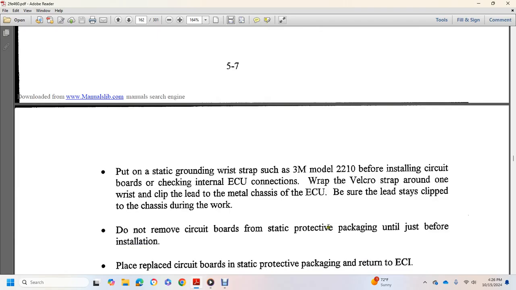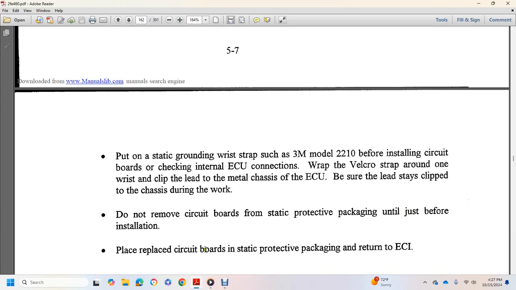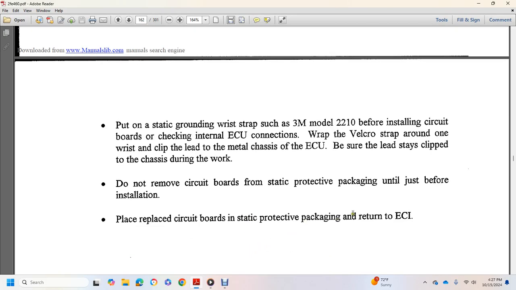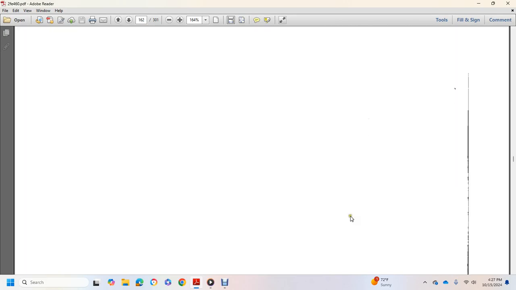Put on a static ground wrist strap, 3M Model 2210, before installing circuit boards or checking internal engine control unit connections. Wrap the Velcro strap around one of the wrists. Clip the lead to the metal chassis of the engine control unit. Be sure the lead stays clipped to the chassis during the work. Do not remove circuit board static protective packing until just before installation. Replace circuit boards in static protective packaging. Return engine to ECI.